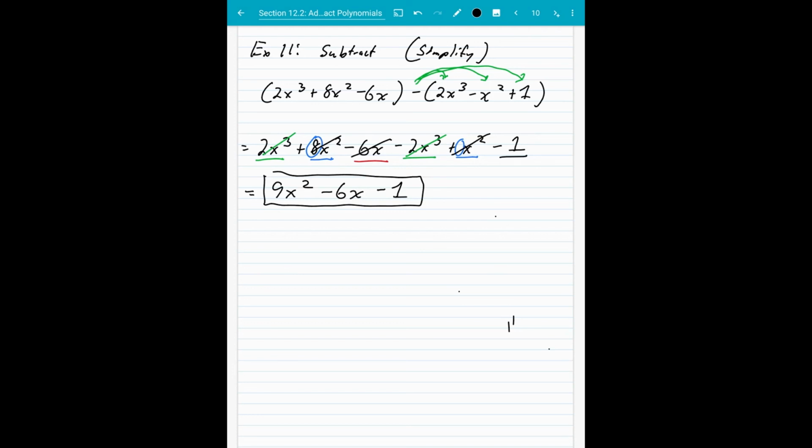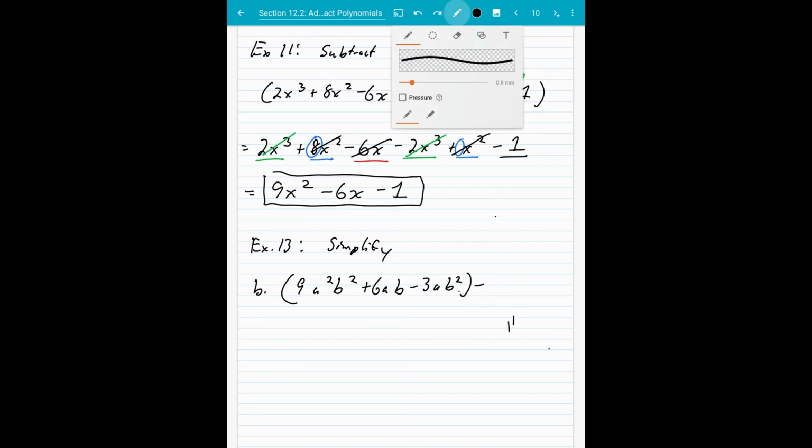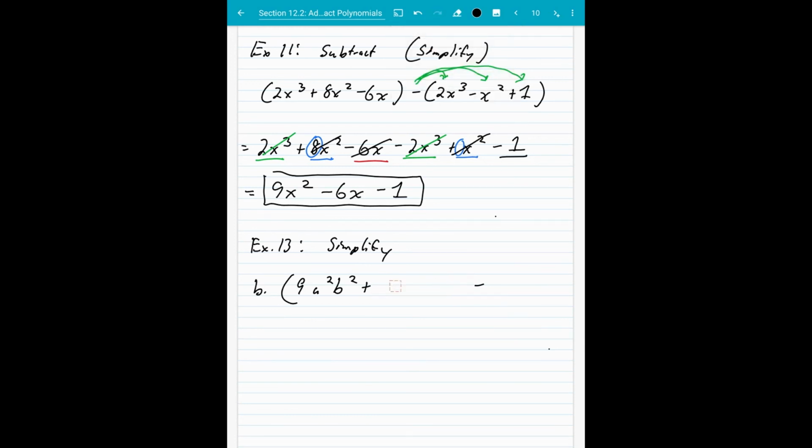So let's try example 13. I'm going to do letter B, and it's just going to say simplify. So B has 9a squared b squared plus 6ab minus 3ab squared minus... might have to write this a little smaller, because it's a lot of stuff.